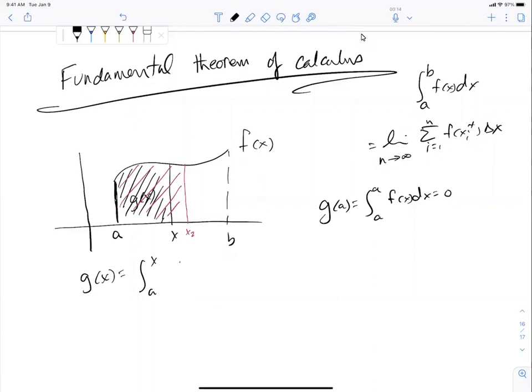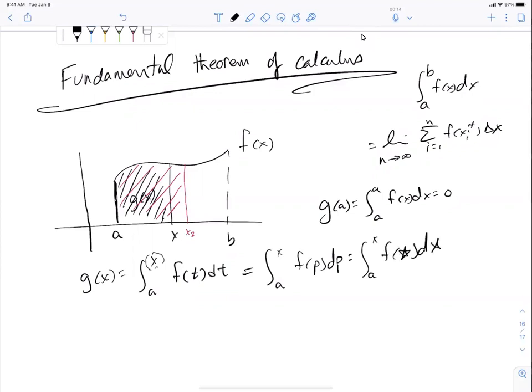Now, the problem here is I cannot use x both as my bound and as the argument of my function, so I'm just going to use a dummy variable t. It's called the integration variable. It doesn't cause any problem to use a different letter. In fact, this is the same thing as saying f of p dp, or f of star d star. It doesn't make a difference. It's just a dummy integration variable. That's all it is.